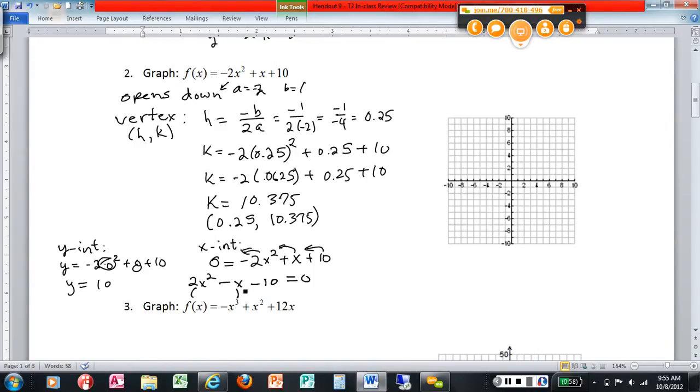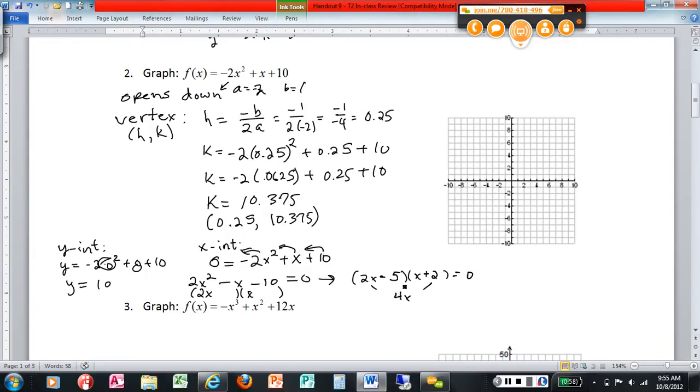It's a little easier to factor, I think. It does factor: 2x and x. Let's move it over here. So it'll be 2x and x, and minus 10, I think it's 5 and 2. I need a minus x, so that'll be a minus and a plus. That gives me the right thing, doesn't it?